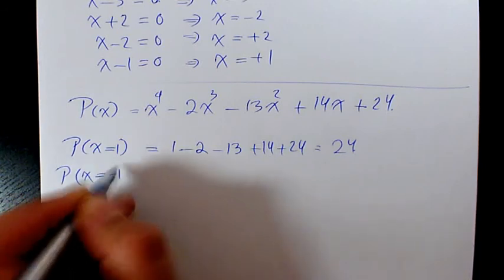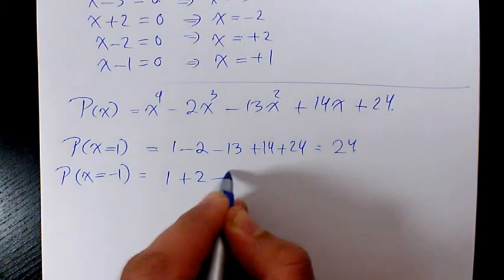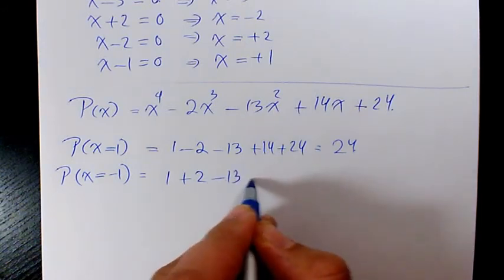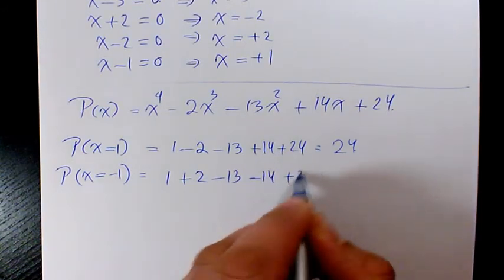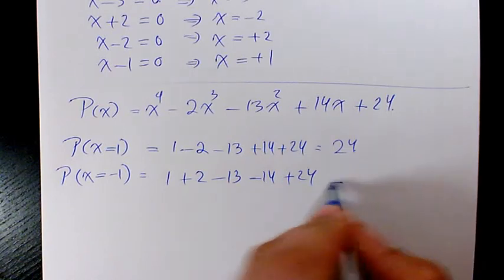Next one, x equals negative 1, so I'm going to make it 1 plus 2 minus 13 minus 14 plus 24. That's going to make it 0.